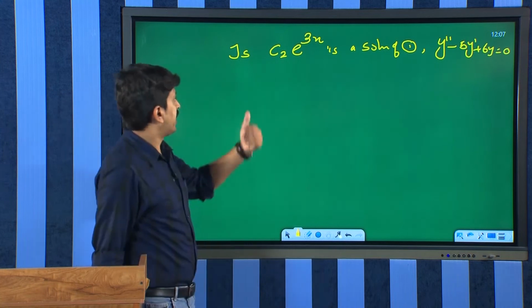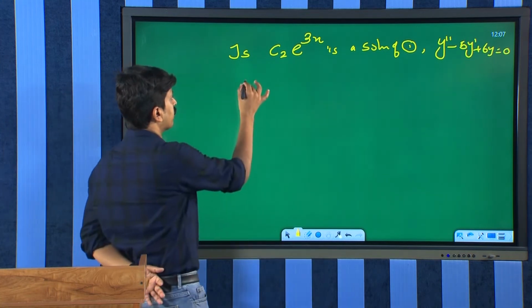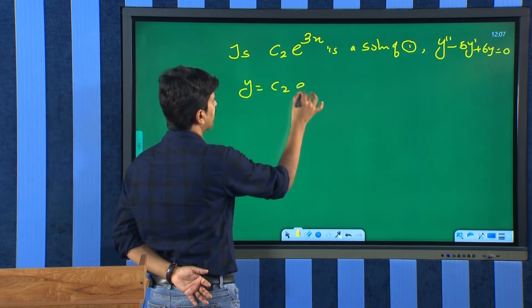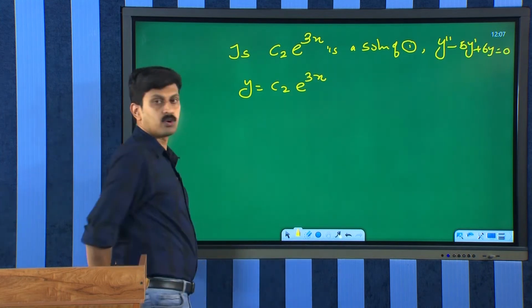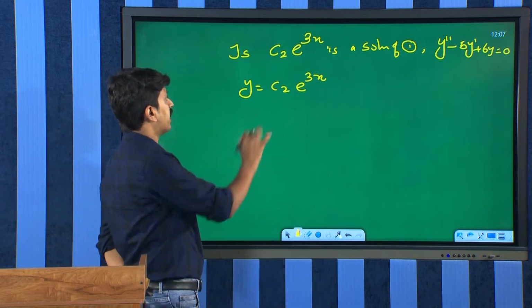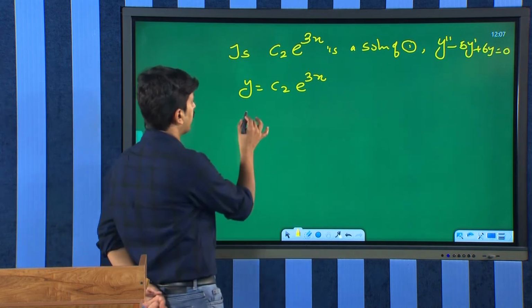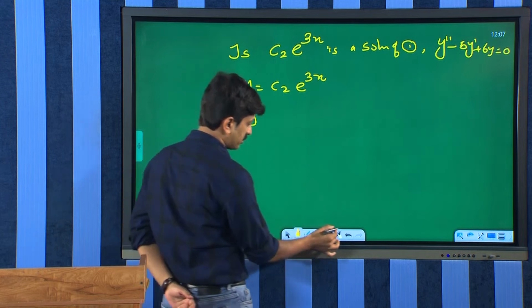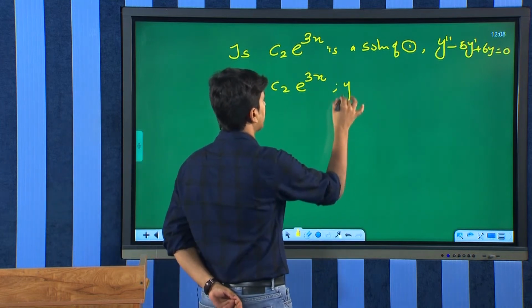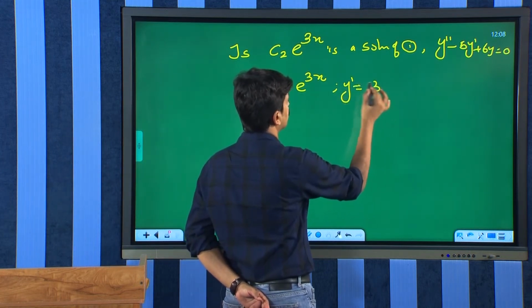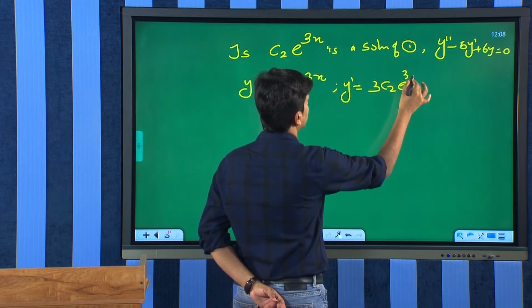Fine. While evaluating, y is equal to c2 e^(3x), and y dash is equal to 3c2 e^(3x).